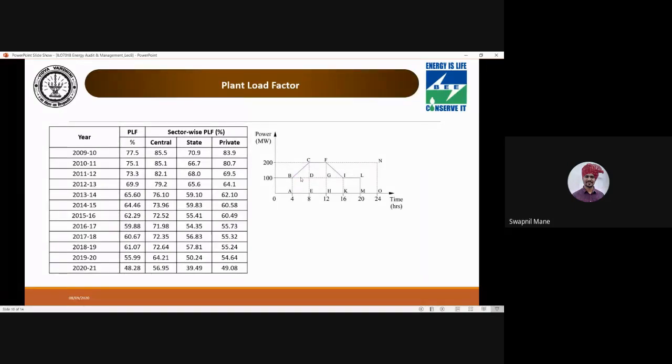You see that it is capable of supplying 200 megawatt, but it is not running at its full capacity, so it is not getting utilized. Plant load factor, plant utilization factor. Capacity is 200, but we are not able to utilize it properly due to several reasons. So more is good.